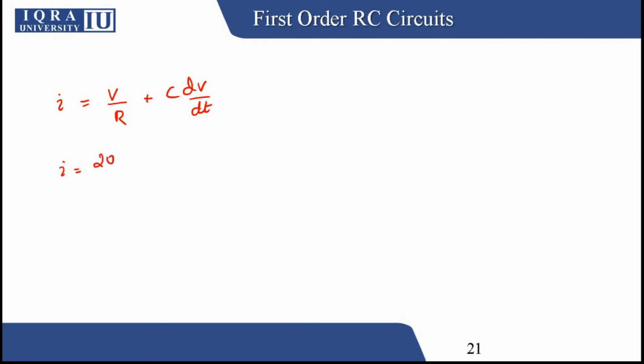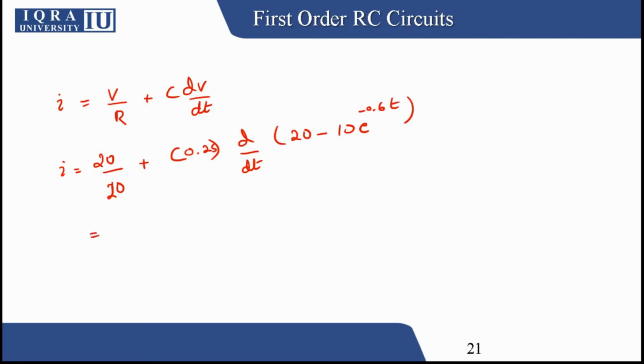The voltage across that node is V, and the resistance is 20, plus C is 0.25, and the equation dV by dt is the derivative of 20 minus 10 e power minus 0.6t, times 0.25.